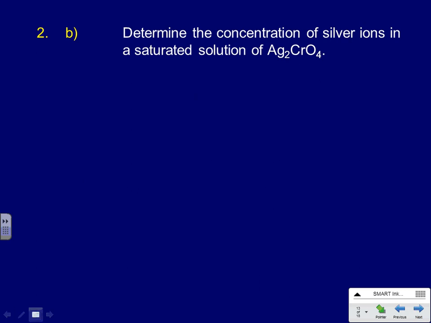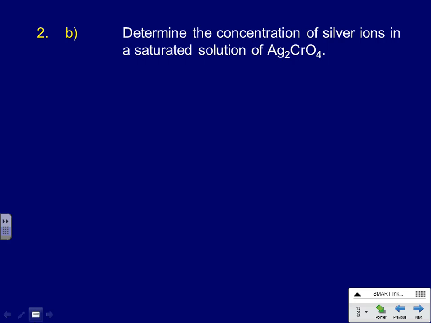Okay, determine the concentration of silver ions in a saturated solution of silver chromate. And ladies and gentlemen, this is a throwback to last year.